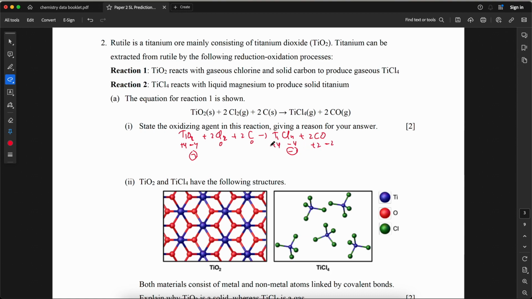The oxidizing agent is the one that is reduced, so that would be Cl2, as the oxidation state is reduced from 0 to negative 1. This is negative 1 because TiCl4 has a total of negative 4 for Cl4, so for 1 Cl it is negative 1.